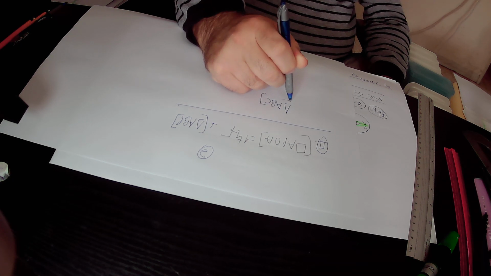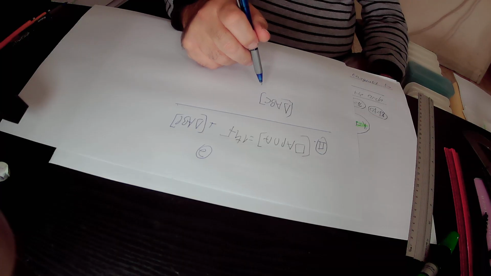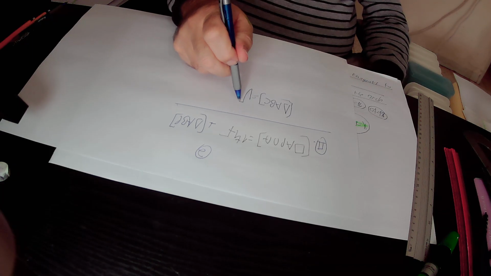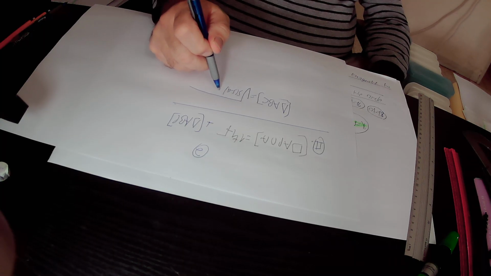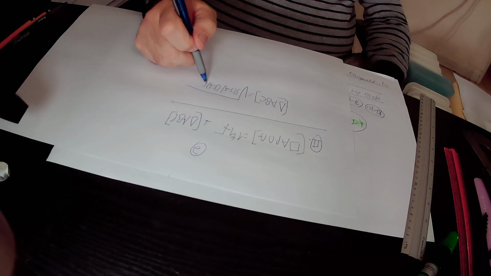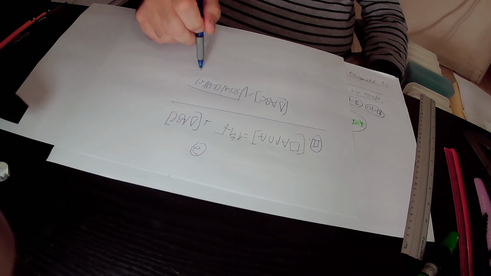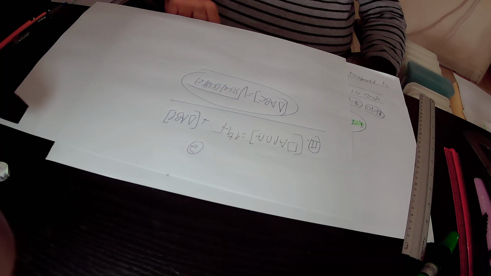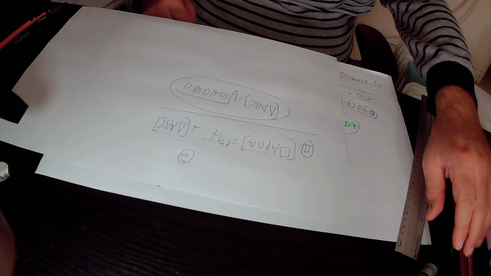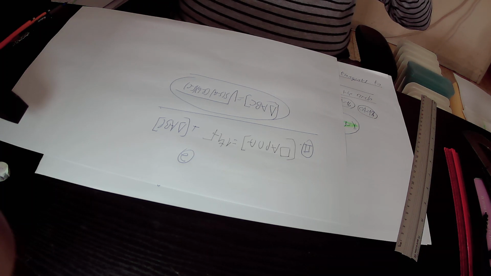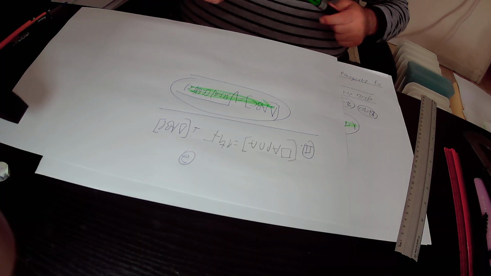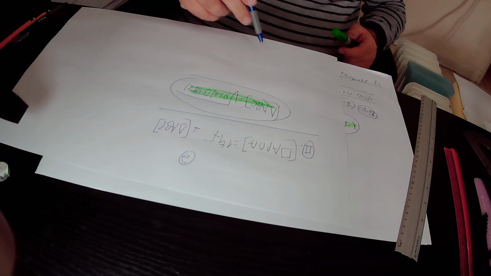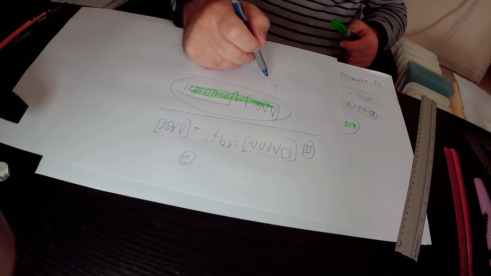The area of triangle ABC is equal to the square root of S times S minus A times S minus B times S minus C. We can use this formula to find the area of a triangle. In this formula, S is the semi-perimeter of the triangle whose area we are looking for.